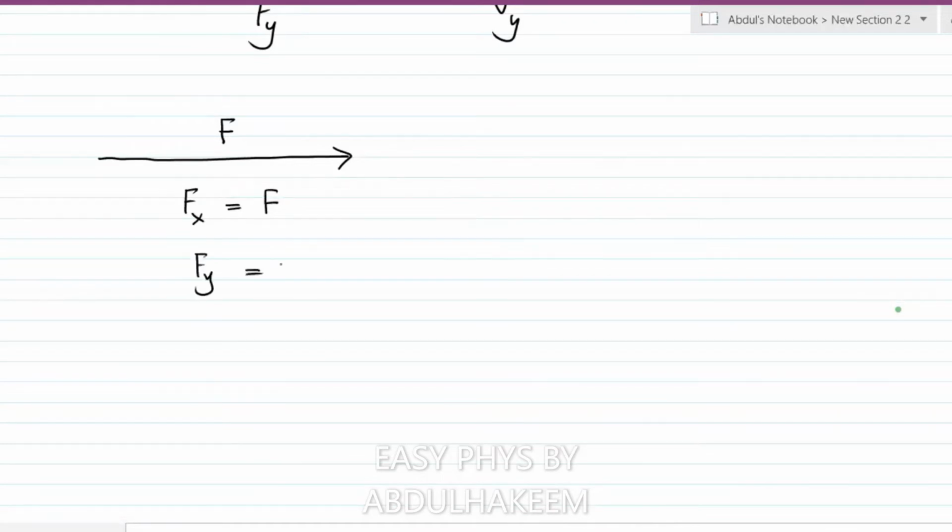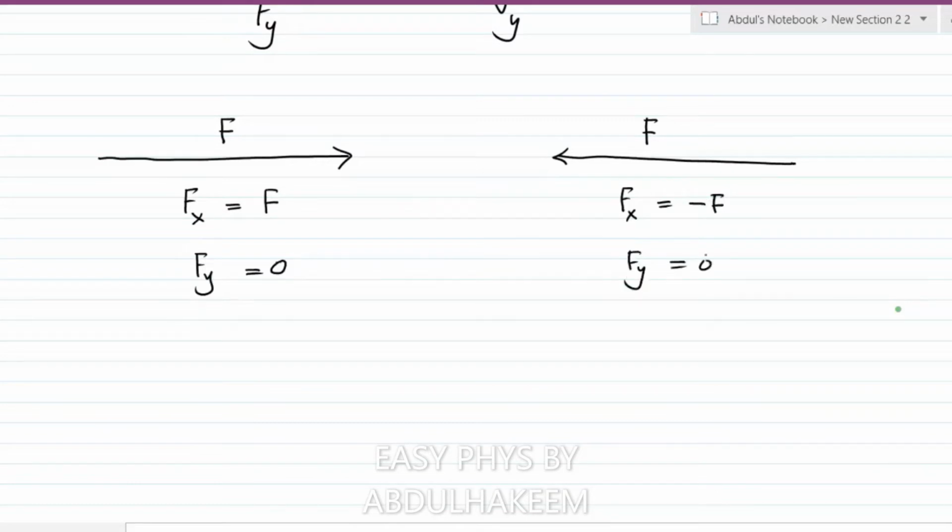Now suppose a vector is drawn in this direction, this is a force vector, then its horizontal component Fx is the vector itself, and its y component is nothing, 0. If the vector is drawn in this direction, then its Fx component is the negative vector and its Fy is 0.